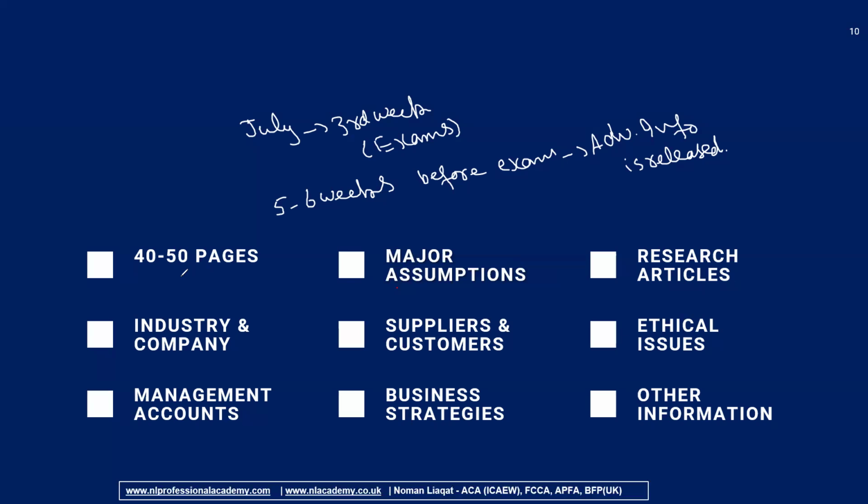So you have an idea through advanced information. In the exam paper, there will be some new information, but the basics would be the same. Like in advanced information, we have 3 years of management accounts, for example for 2023, 2024, and 2025. The 2026 management accounts would be given in the exam hall.